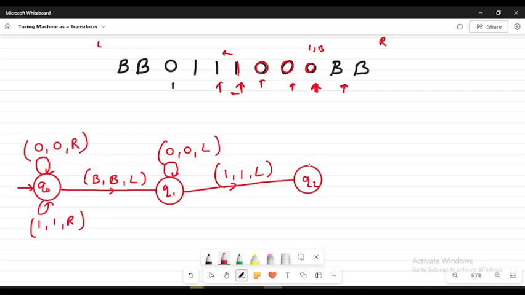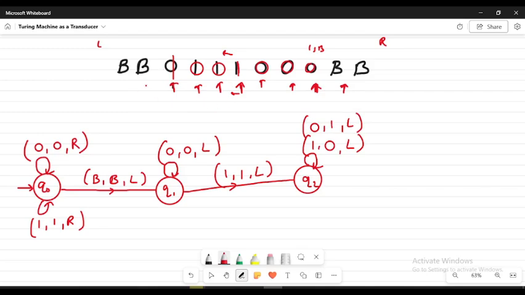Now at Q2, whenever you see 1, make it 0 and move left. Whenever you see 1, make it 0 and move left. And whenever you see 0, make it 1 and move left. Whenever you see 0, make it 1 and move left.